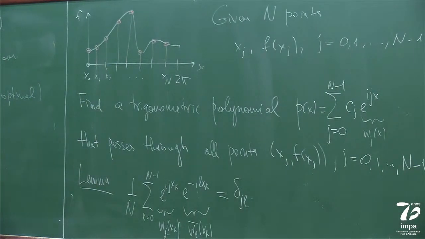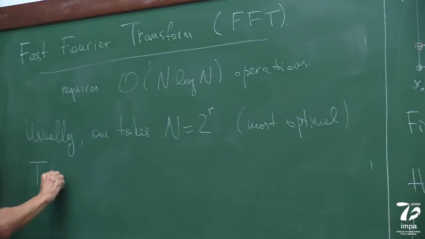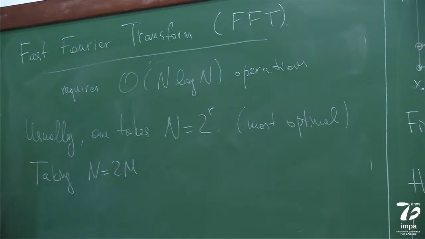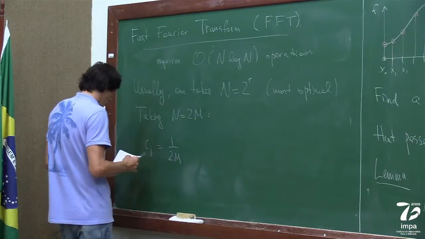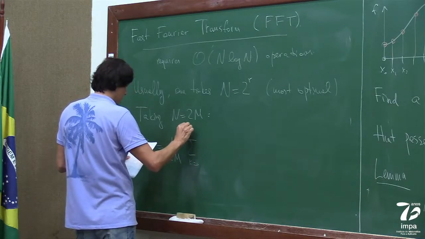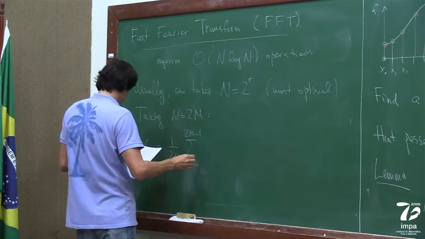So this is what you do, taking n as twice m. So what we define: we take the first coefficients. I'm just writing the formula where I write explicitly that n is 2m, and then there is a sum from 0 to m minus 1.